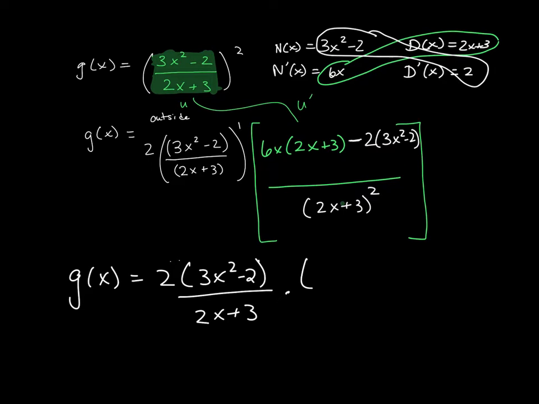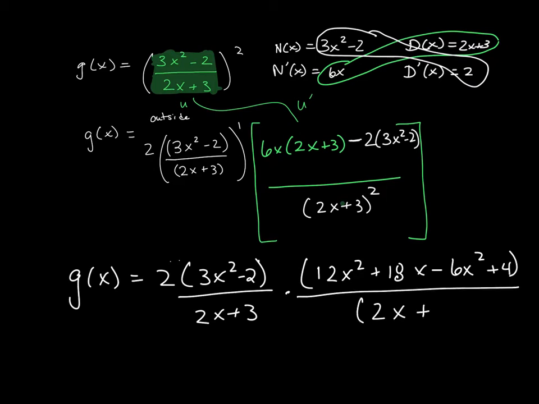And when I distribute that in the numerator, I am left with 12x squared plus 18x minus 6x squared plus 4 all over the denominator squared, which is again 2x plus 3 quantity squared. Now notice the denominator over here also has another 2x plus 3.